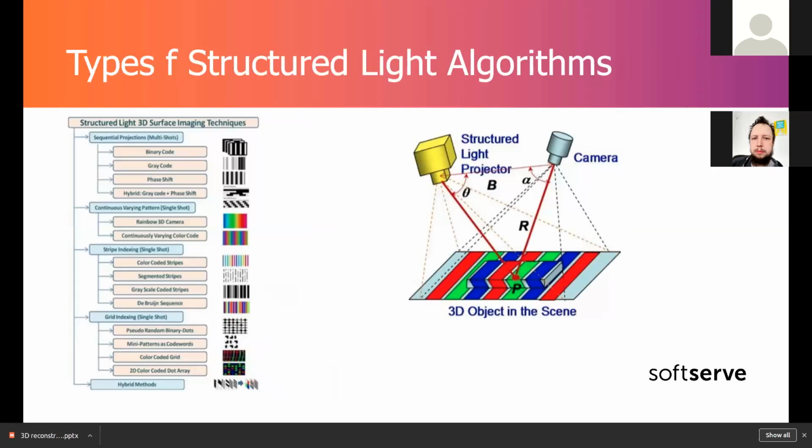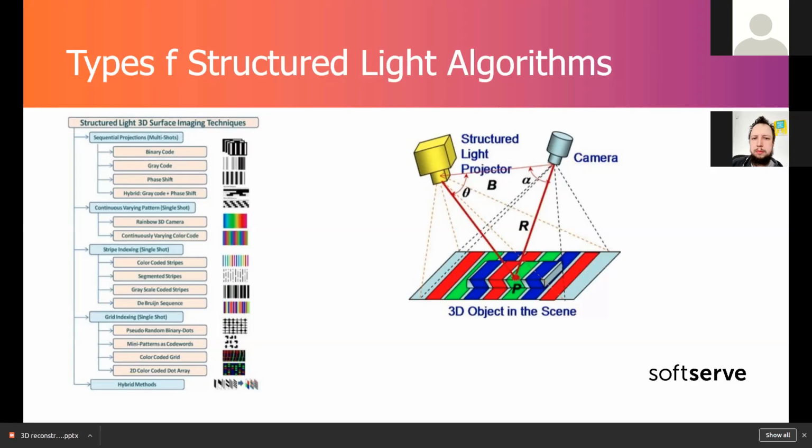So there are a lot of types of structured light algorithms, and in general they can be divided into sequential projection and continuous varying patterns, like single shot, rainbow 3D camera, stripe indexing and grid indexing patterns.